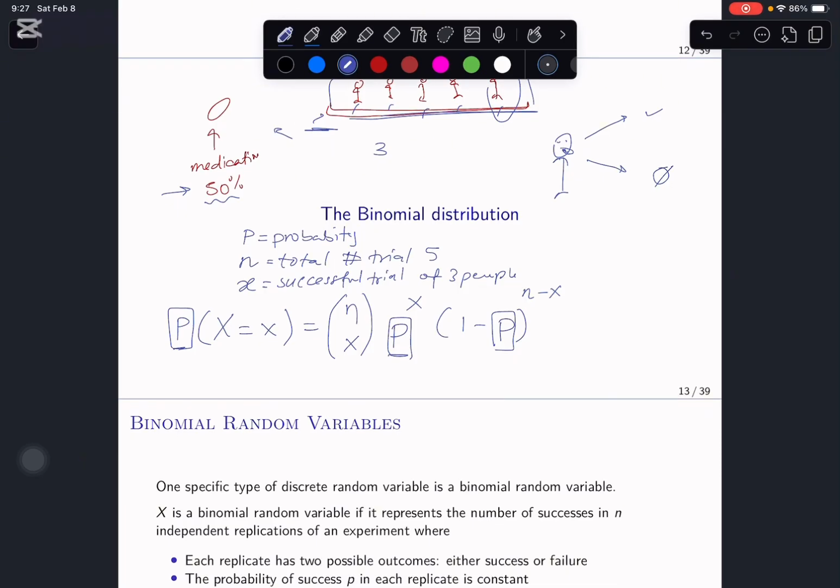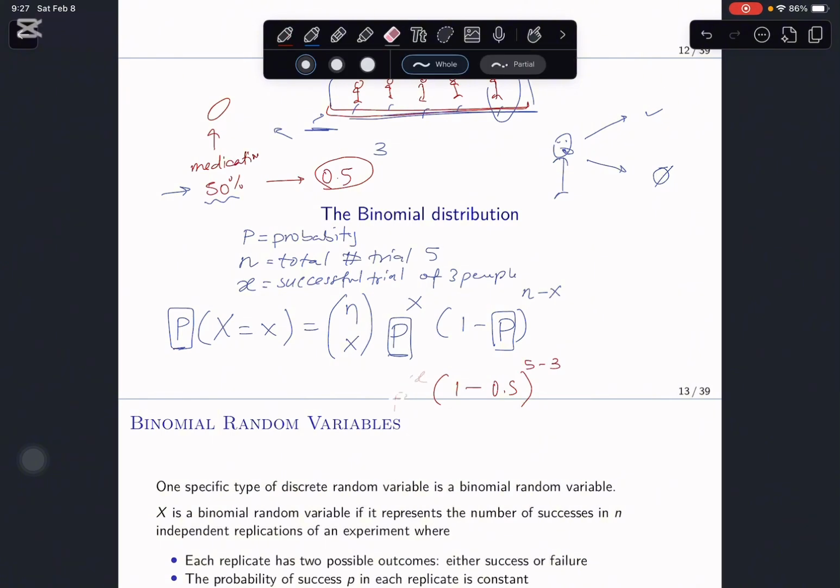So what you're going to do is just directly plug in. I'm pretty sure you guys know how to plug in p to the power of x, which is 50%. 50% in decimal form is 0.5. Times 1 minus p, which is 0.5, to the power of n minus x. What was n? n is 5, minus x, which is 3.